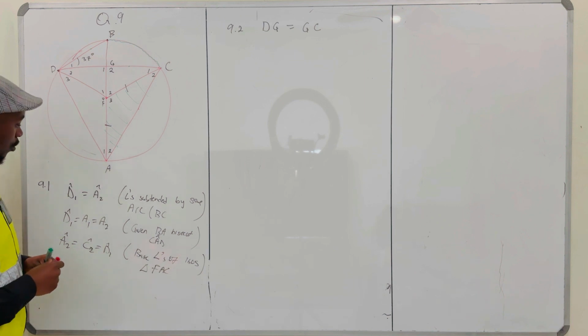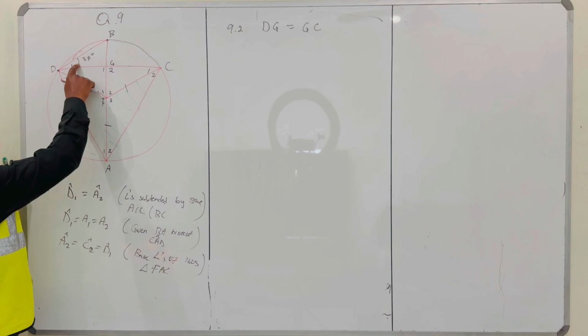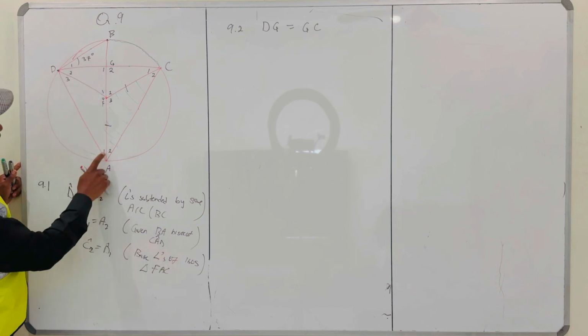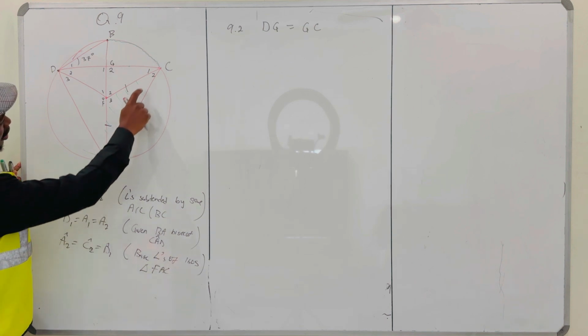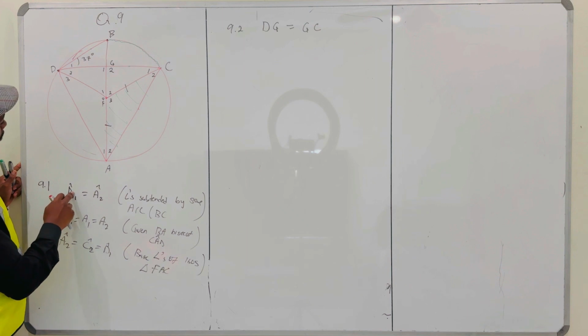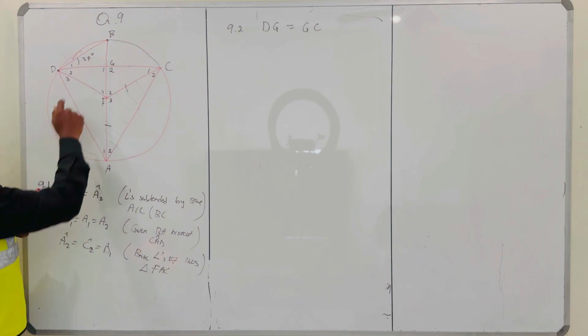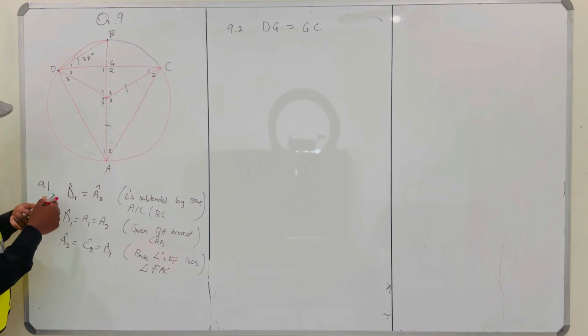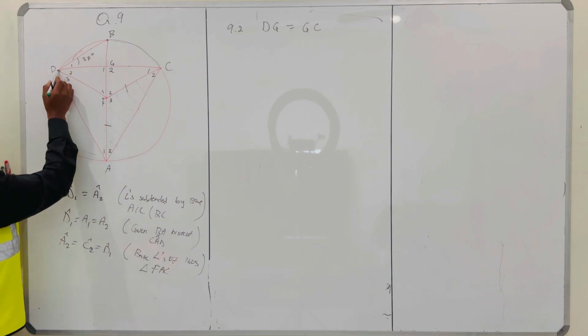Okay, so we've just proven that angle D1 is equal to angle A1 is equal to angle A2, and we also know that angle A2 is equal to angle C2. Now we need to find the value of this angle here. One thing we need to note is that angle A2 and angle G1 are in this triangle here.